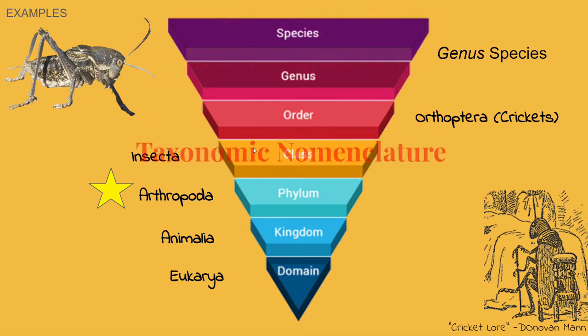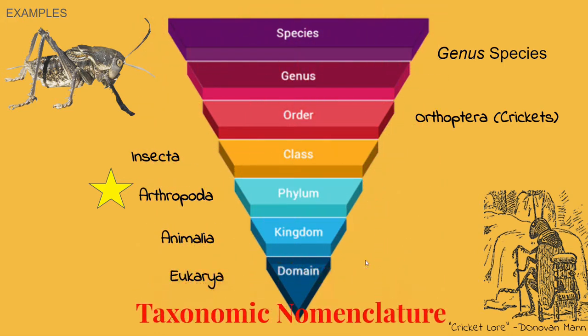It's called taxonomic nomenclature, and that's just the naming system that we as bugologists use, along with most biologists, to classify our organisms. And then down here you can see it says cricket lore by Donovan Mann. This is a very famous image, so that might also be on your exam.